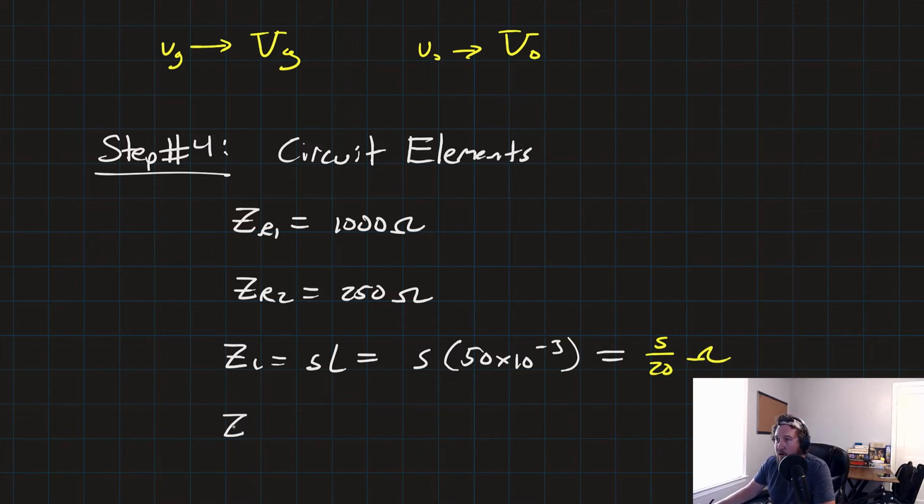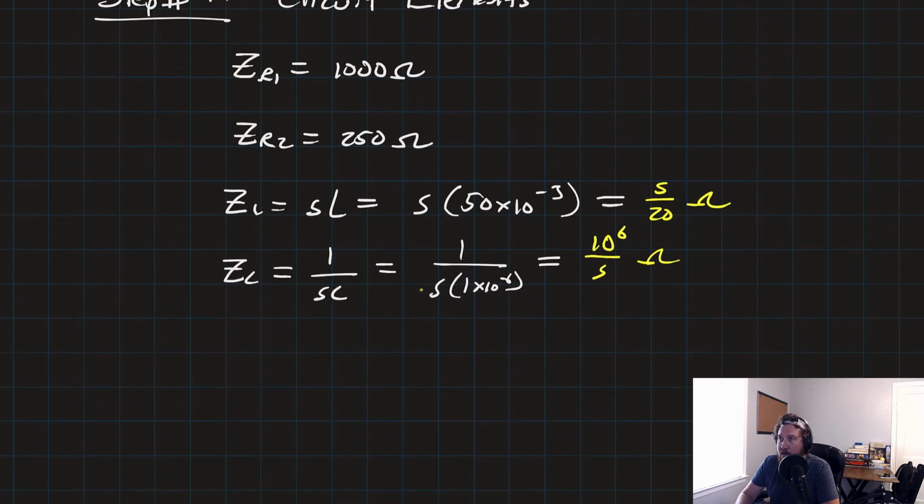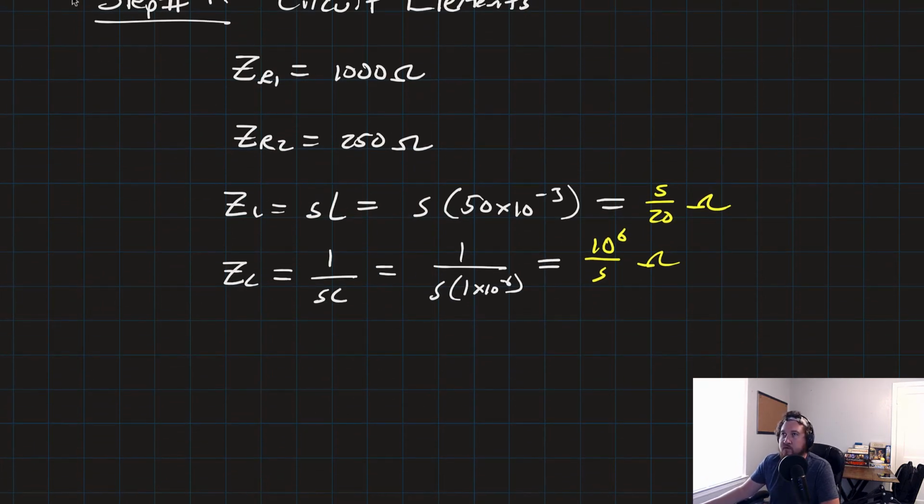And then we need our impedance for the capacitor, so that's going to be 1 over sC. So that's 1 over s times 1 times 10 to the negative 6, and that's going to be equal to just 10 to the 6 over s ohms. So now we're ready to go ahead and draw our new circuit.